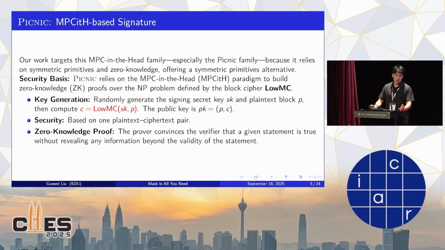Our work targets this MPC in the Head family, especially the Picnic family, because it relies on symmetric primitives and zero-knowledge proofs, offering a symmetric-primitives alternative.